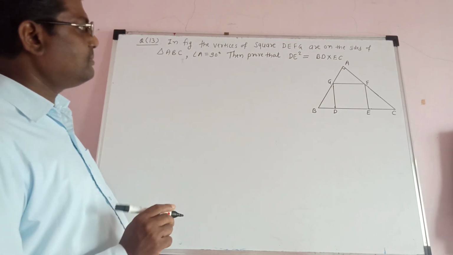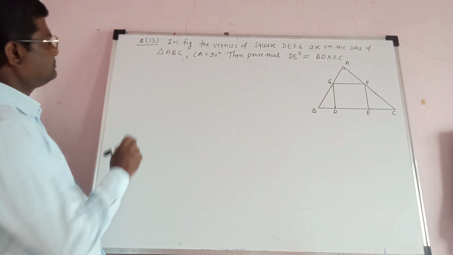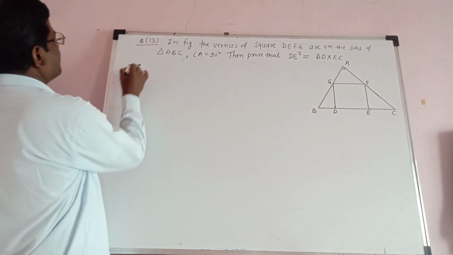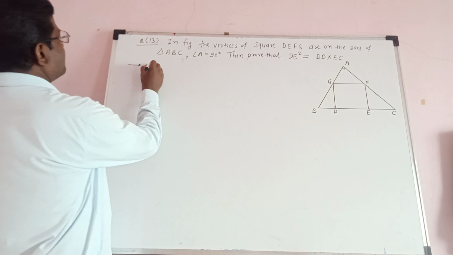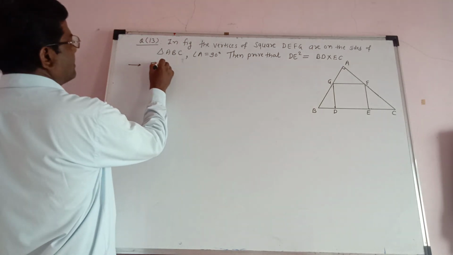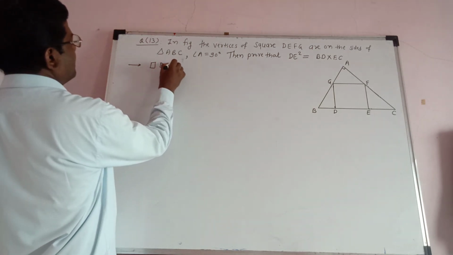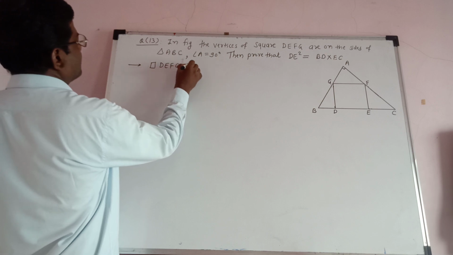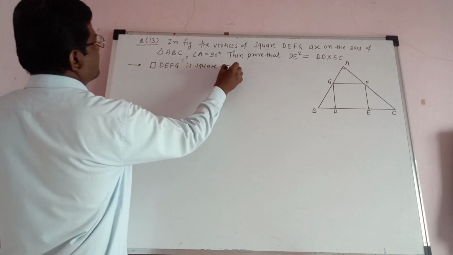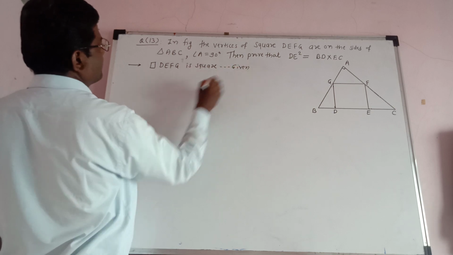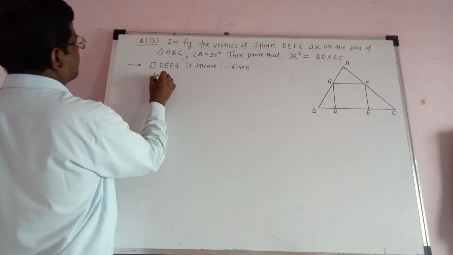Quadrilateral DEFG is a square, it is given. Therefore, its sides are parallel to each other.